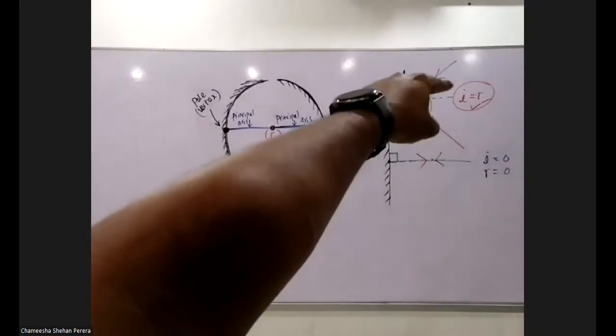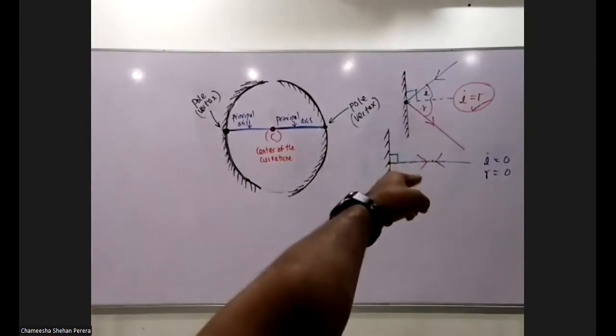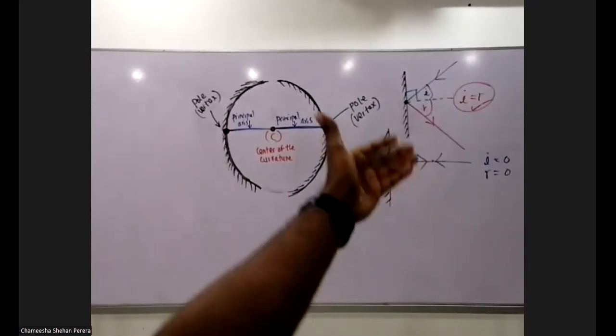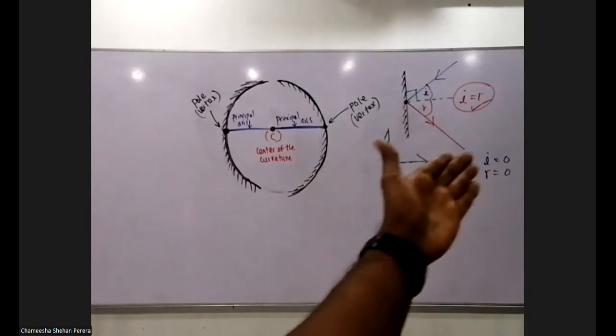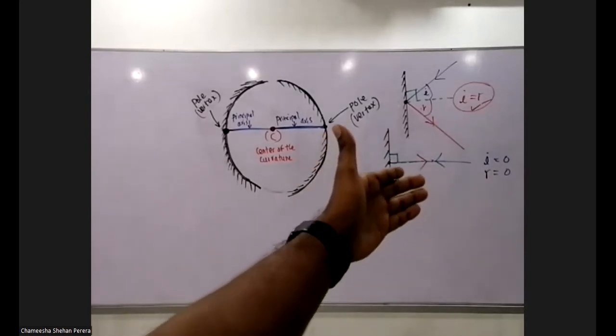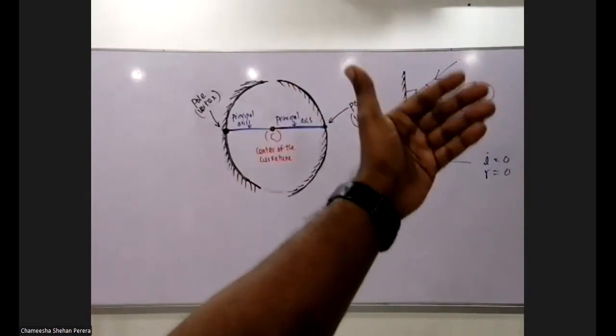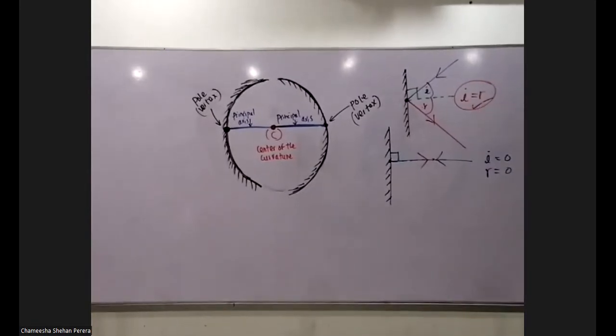So like before, now you can't figure out any angle between the incident ray and the normal. There's no angle. Both of the lines are the same. So the incident angle here should be 0, because the incident ray and the normal lie on the same line. According to the laws of reflection, the incident angle should be equal to the reflected angle.